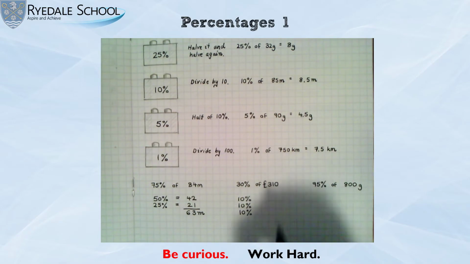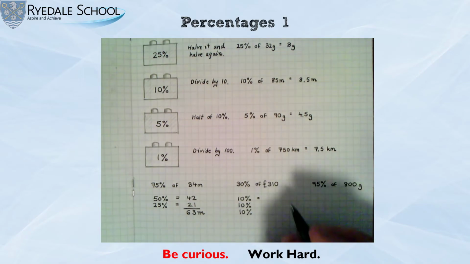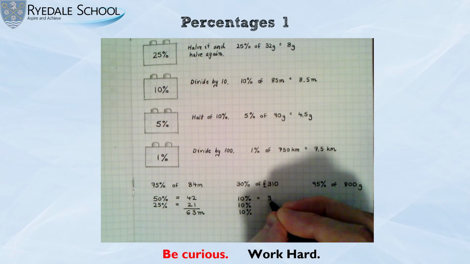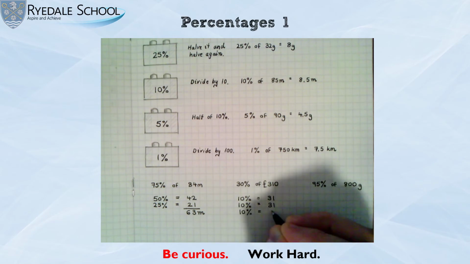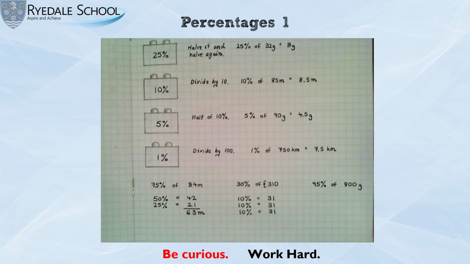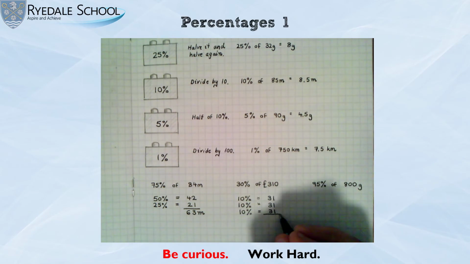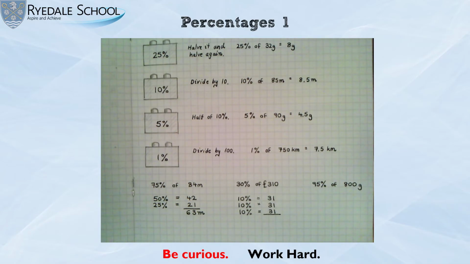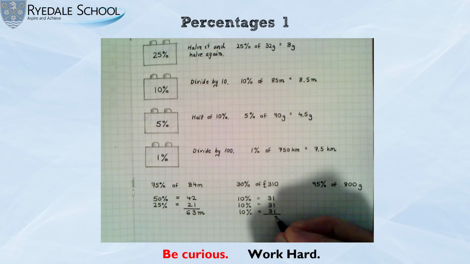So let's think about what 10% of this number is. Divide by 10, 31. So each 10% is 31. Adding all of those up to get my 30% is £93.